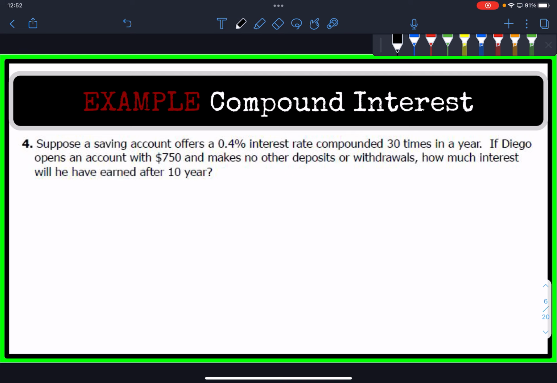This one is asking us something different, not the account balance but only the interest. We're going to use the same formula to figure out how much money is going to be in the account after 10 years, compounded 30 times. The value of n is going to be 30, and our time is going to be 10 years.